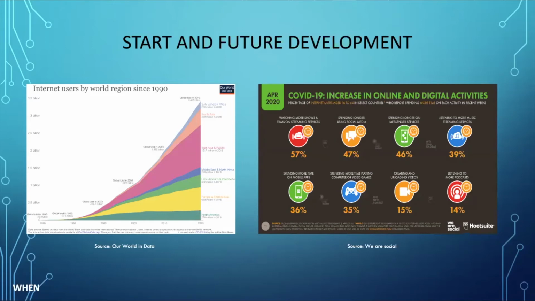Looking at the second image, not too long ago, this year, because of the COVID-19 pandemic, the lockdowns have had a profound impact on digital habits as well as people's digital behaviors. From the graph, we can see 57% of people spend more time watching shows and movies on streaming services, and approximately half of people spend more time on social media and messenger services.